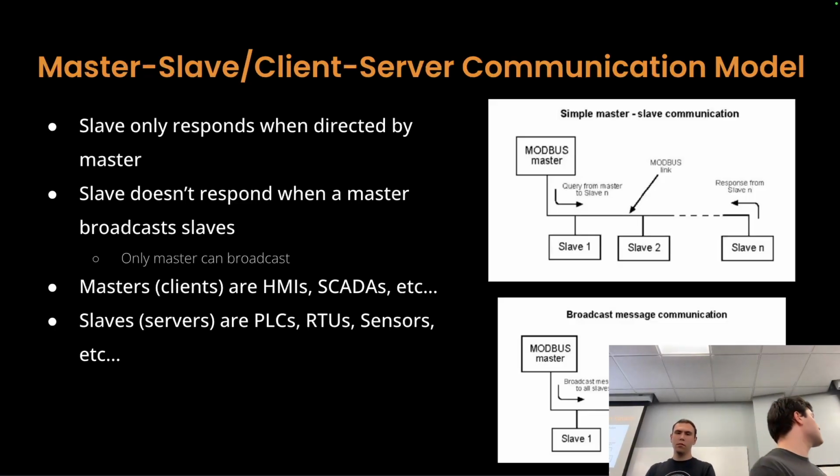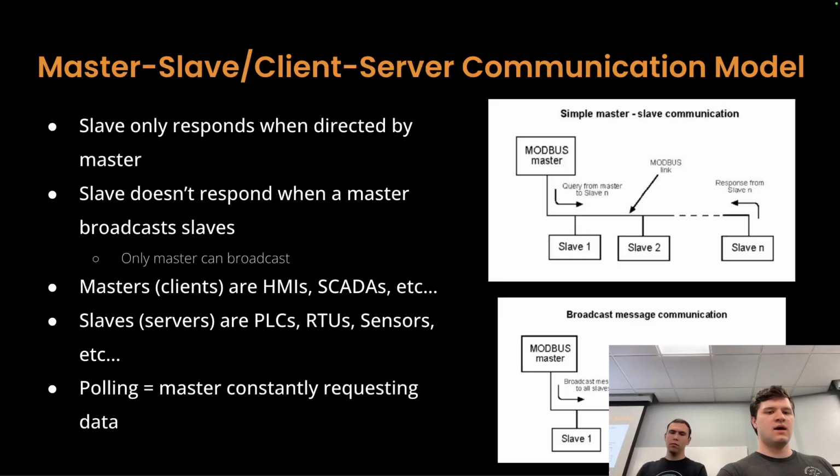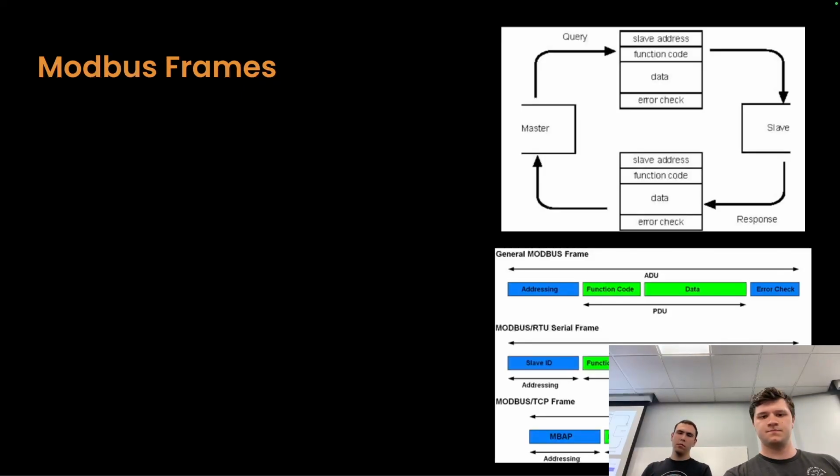Your masters in the context of Modbus are usually your HMIs, your SCADAs, your control stations. Your slaves are your servers that you communicate with, like the PLCs and the RTUs, and a lot of it is working with the registers of the PLCs. Another thing to know is polling, which is when the master is constantly requesting data from the slaves.